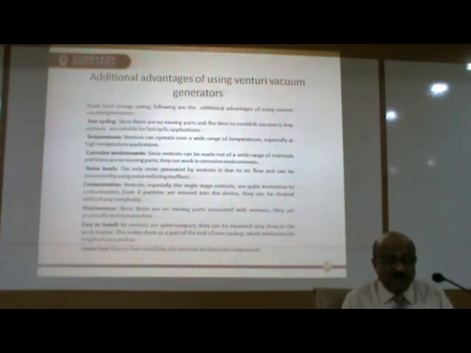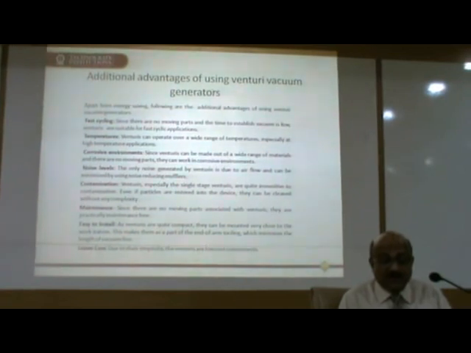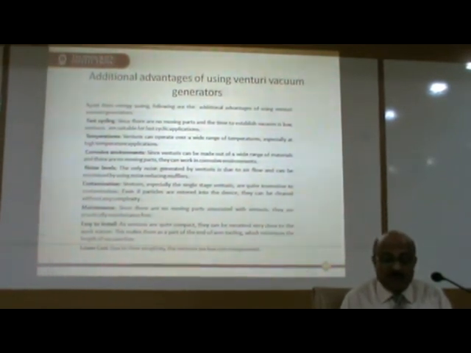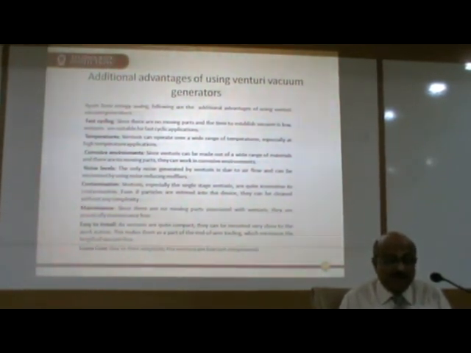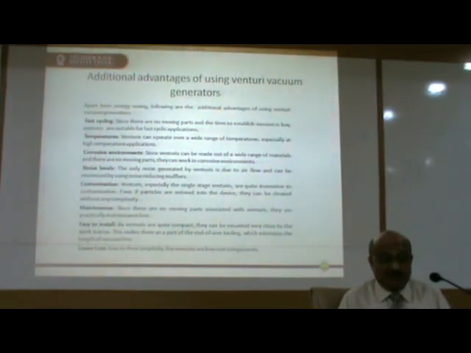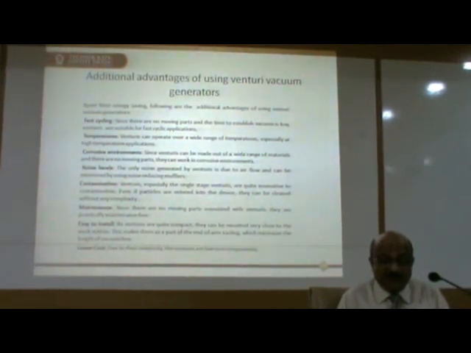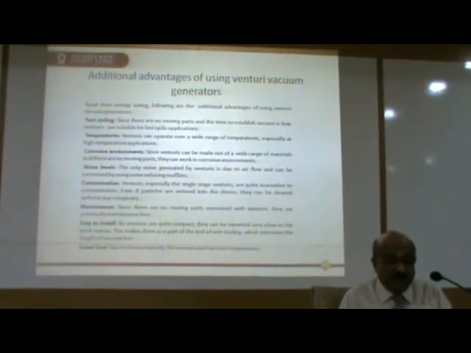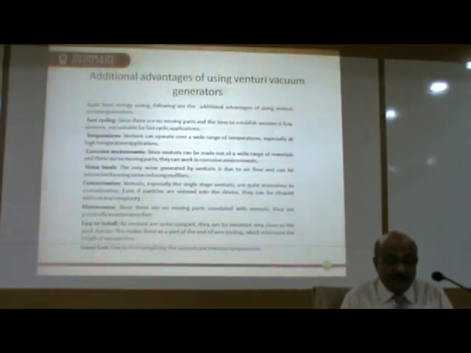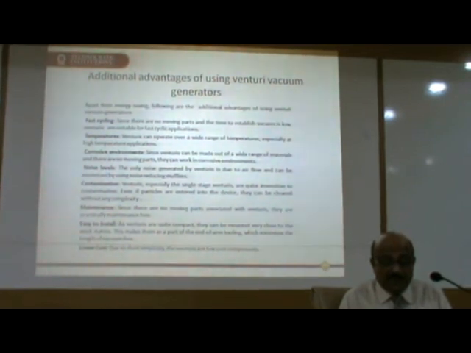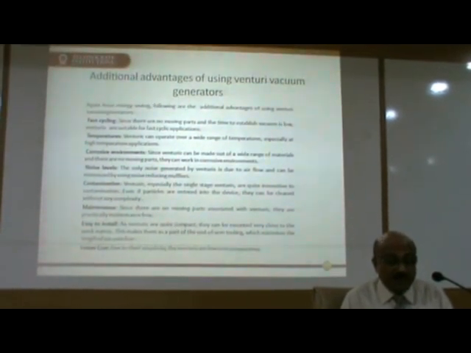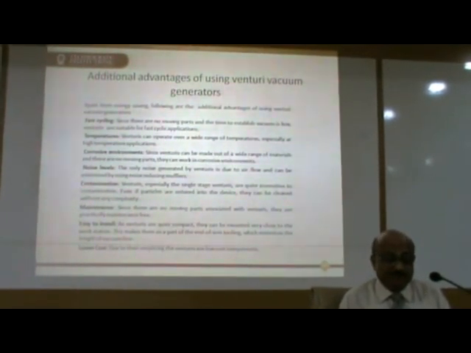Noise levels. The only noise generated by Venturis is due to the airflow and can be minimized by using a noise reducing muffler. Contamination. Venturis, especially the single stage Venturis, are quite insensitive to contamination. Even if particles enter the device, they can be cleaned without any complexity.